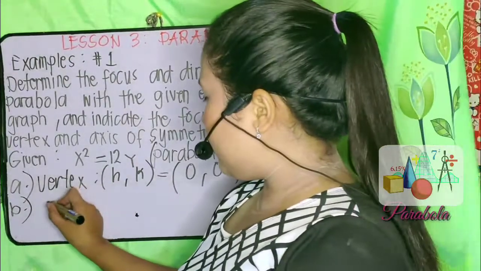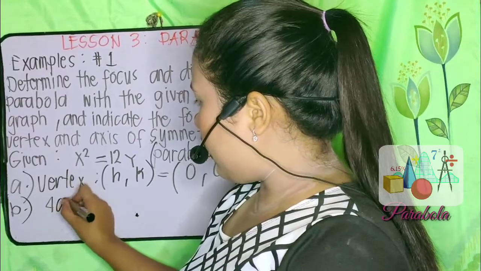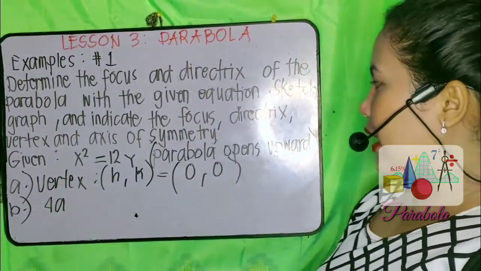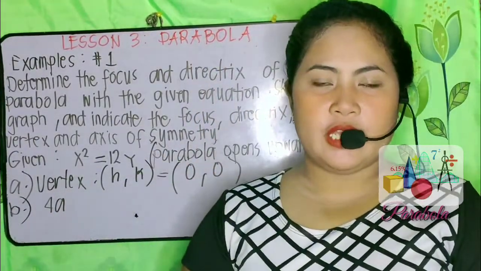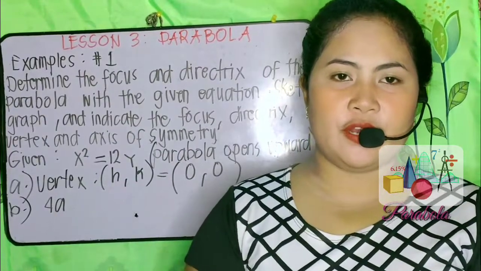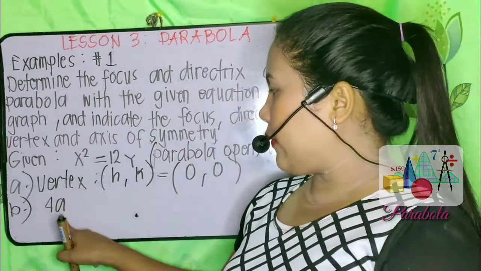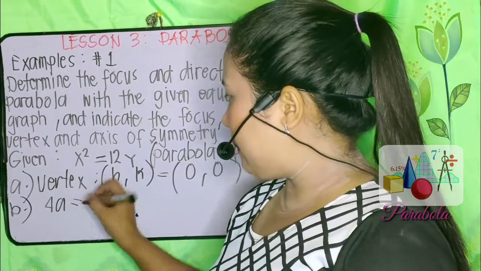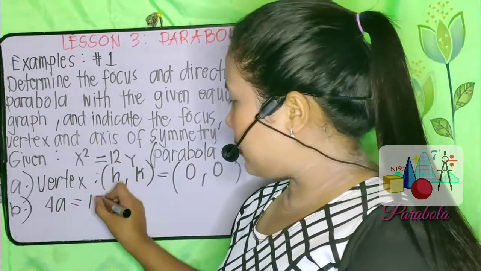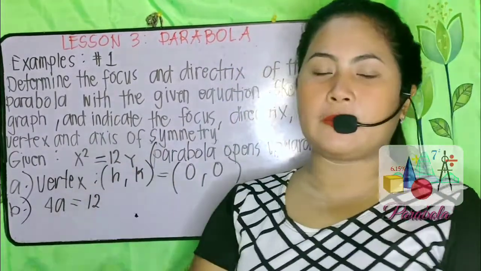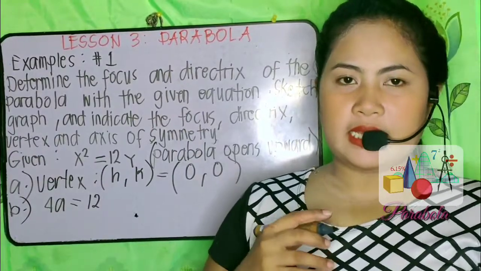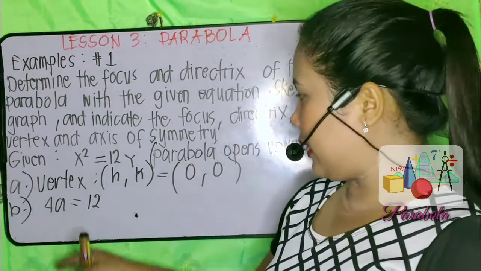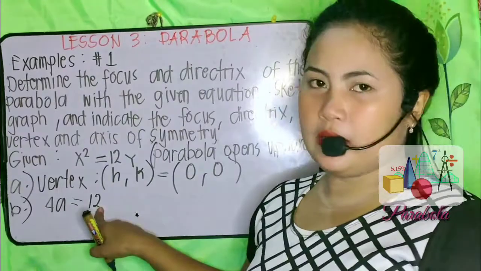First, gamitin natin yung 4a. Saan ba nakuha yung 4a? Doon sa given equation, yung binigay ko sa inyo kanina, yung mga different properties. Okay po? So, equate natin yung 4a sa positive 12. Saan po nakuha yung 12?